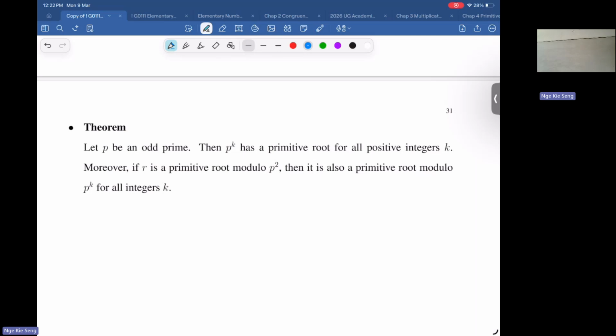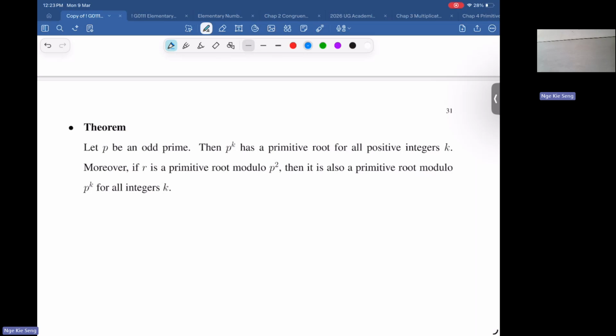Does it make sense? From here, can you infer anything? Every prime has a primitive root. Then this primitive root has order either p minus 1 or p squared minus p. If it is p squared minus p, it is a primitive root for p squared, and then it will serve as a primitive root for the other p to the k. Let's say the order of r is p minus 1 in p squared.